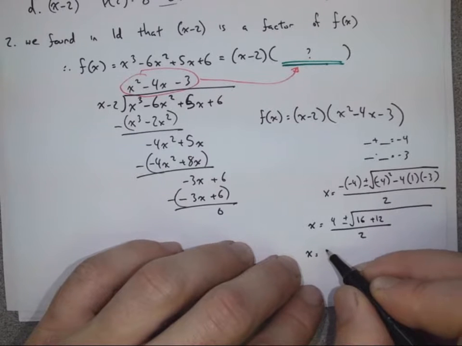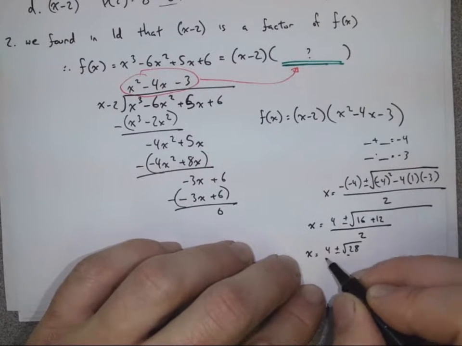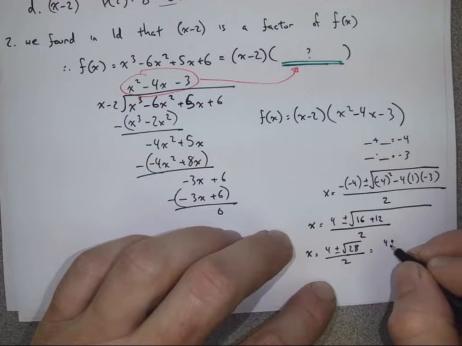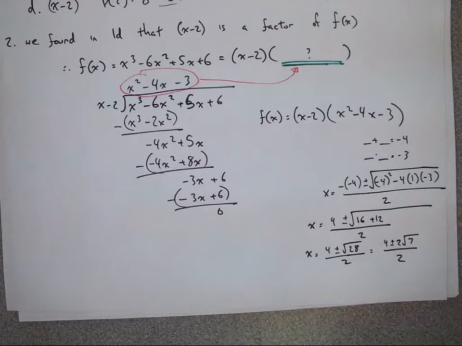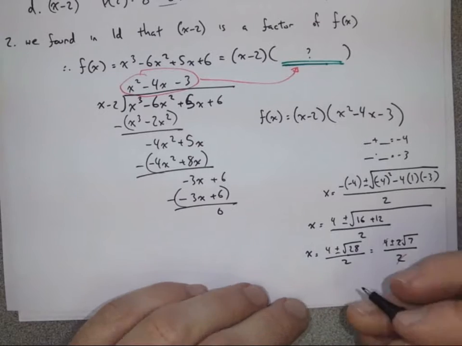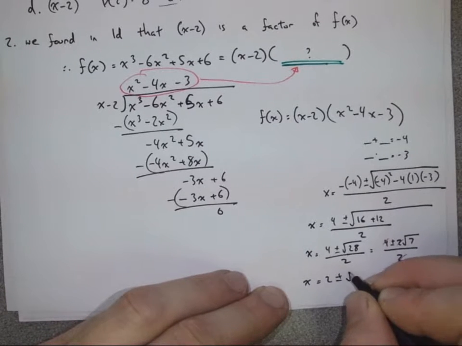Where x is 4 plus or minus root 28 all over 2, which is equal to 4 plus or minus 2 root 7 over 2. And I can divide each of these by 2. So I also get solutions that x is equal to 2 plus or minus root 7.